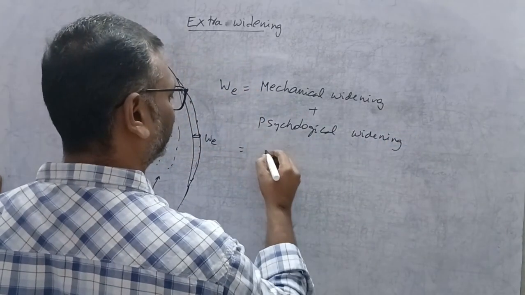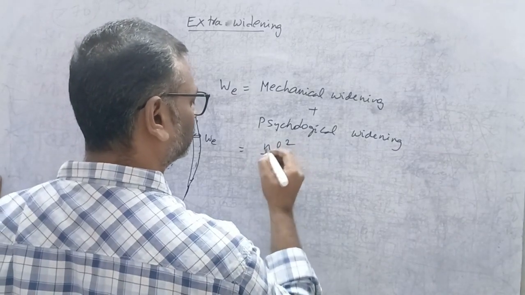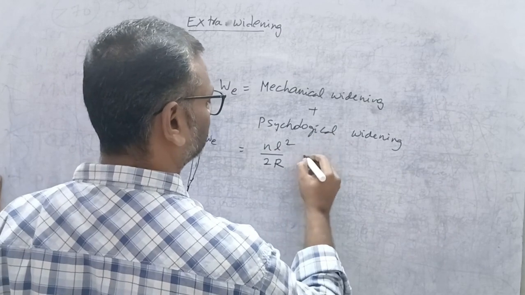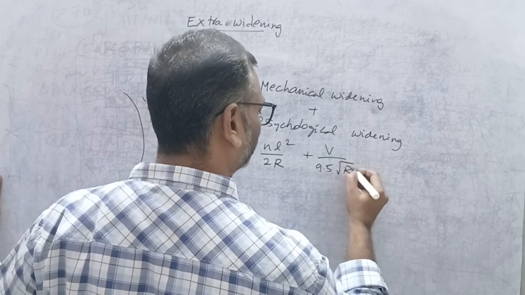For mechanical widening, we have NL square by 2R, and for psychological widening, V by 9.5 square root of R.